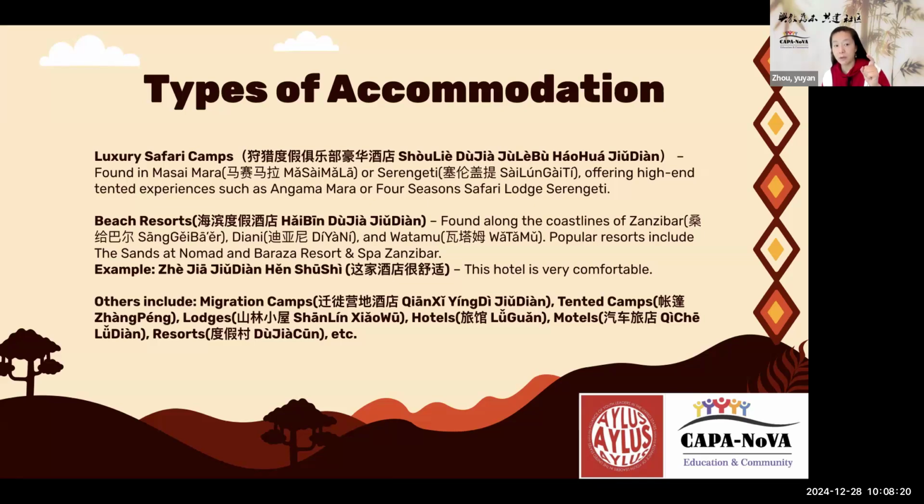Now, for the first one, the luxury safari camp, there was a student who just asked, how do you say camp in Chinese? In this slide here, even though it is translated into 酒店, just the same as hotel, as a matter of fact, it is slightly different.